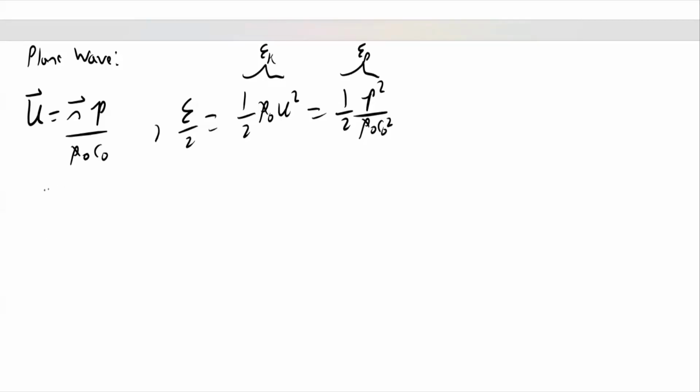We can also see that intensity is equal to this, since intensity is P times U, which we can then relate to energy density by saying c naught times the direction of propagation times energy density.